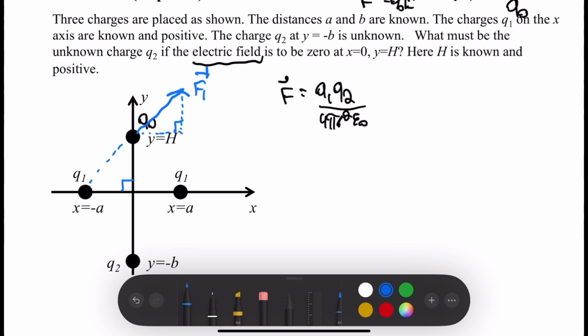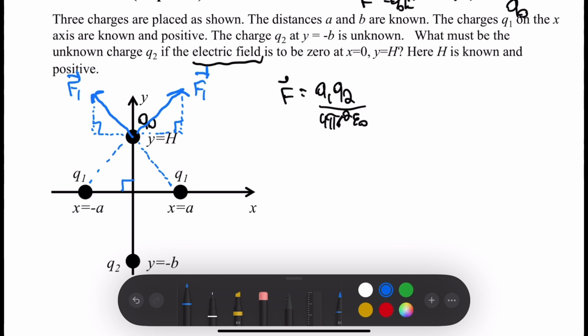And then I would have this other Q1 going this way as well. The reason I did it in the same color is because these are the same charge and they're the same distance away. So therefore, the force on the left is also going to be F1.